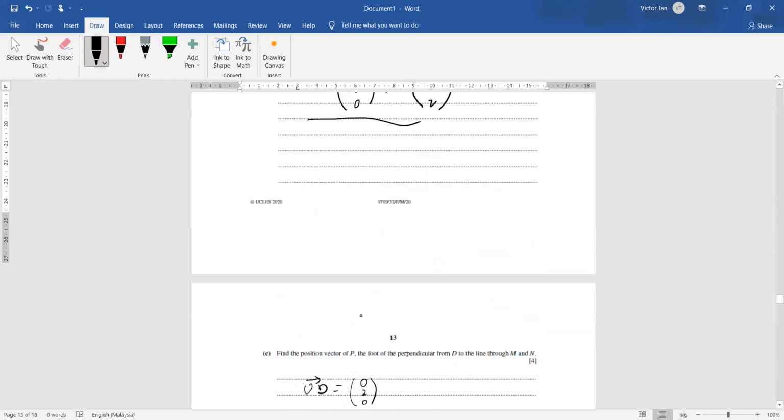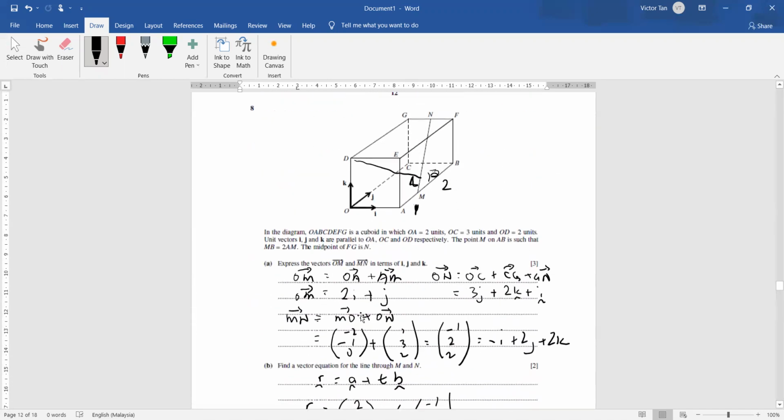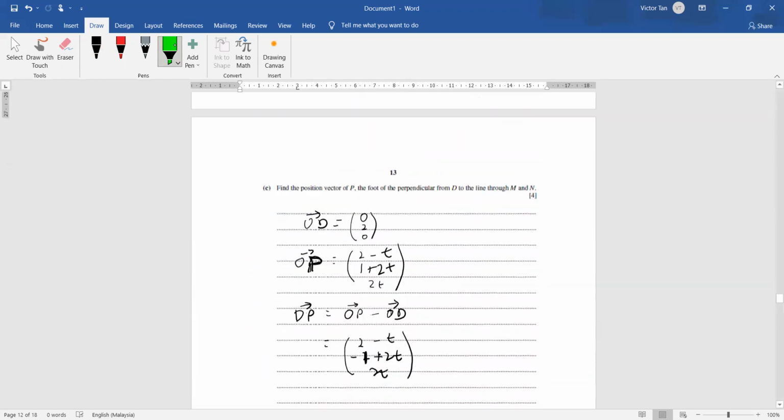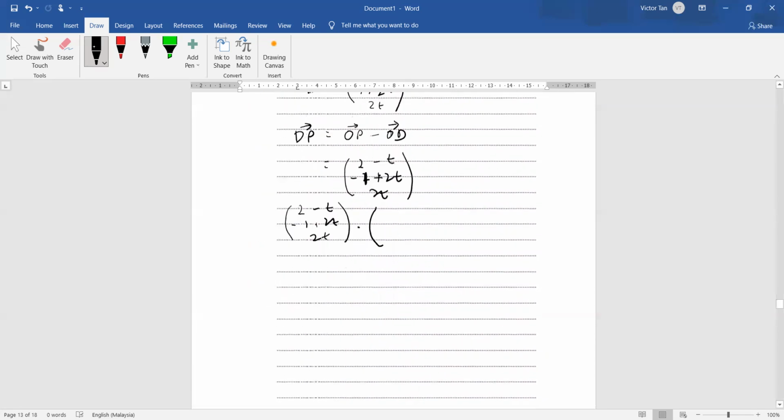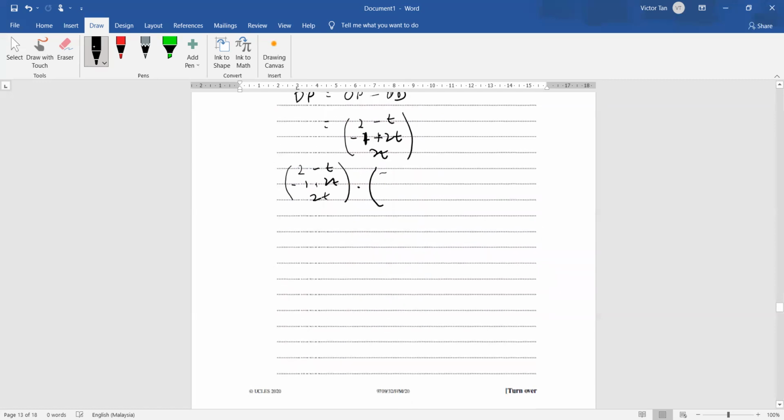Since this line is perpendicular, the dot product will be 0. So DP, which is (2 minus t, 2t minus 1, 2t), dot the direction of MN, (-1, 2, 2). Since they are perpendicular, the dot product must be 0.